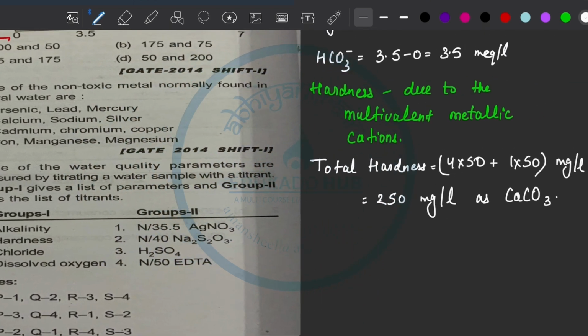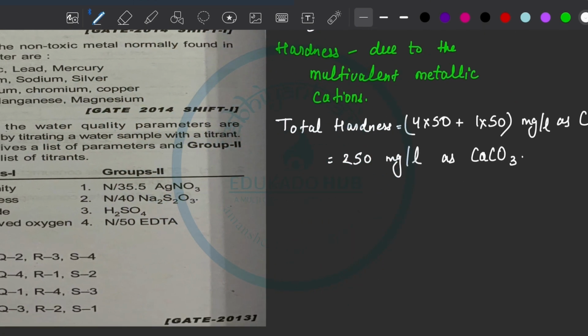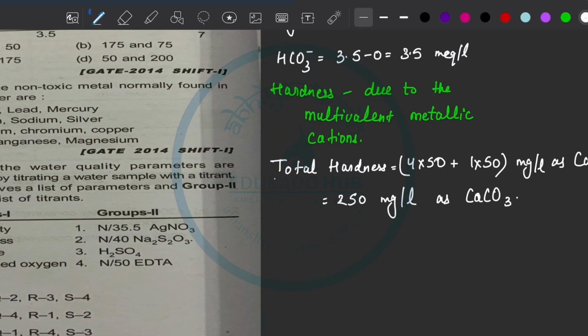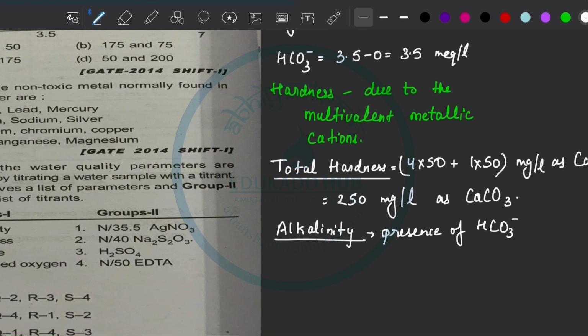Now alkalinity, if we want to calculate alkalinity, so alkalinity is always due to the presence of HCO3 minus ion only.